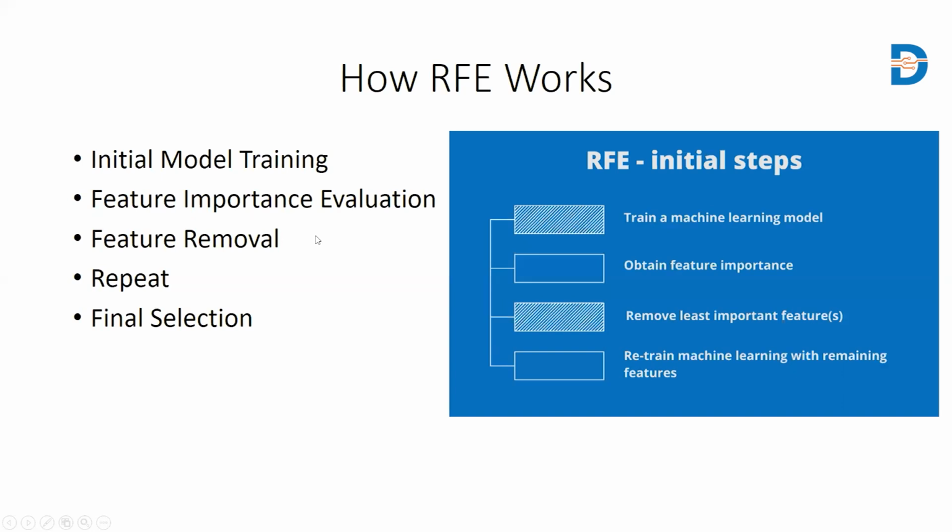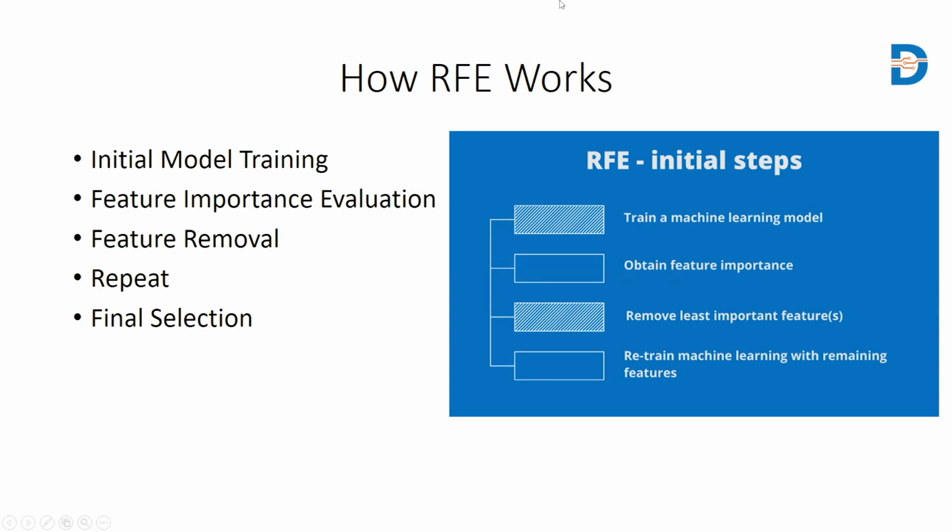Then feature importance evaluation, where it checks and evaluates the important features. After that it removes the least important features, that is feature removal. It repeats the procedure, retrains the model with the remaining features, and then takes the final selection.